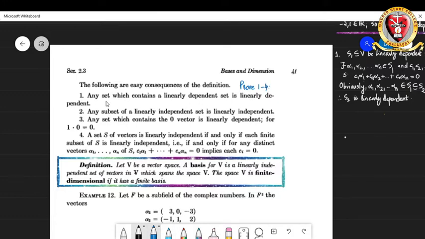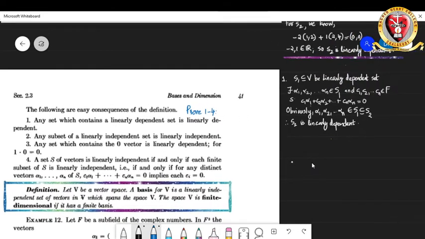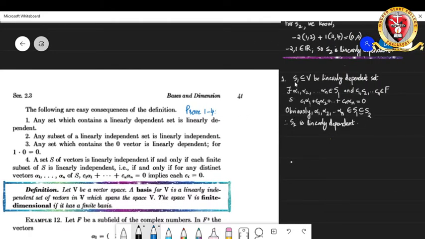The first statement is that any set which contains a linearly dependent set is linearly dependent. Suppose S1 is a subset of V and it is linearly dependent. That means there exist alpha 1, alpha 2, etc., alpha n in S1, and C1, C2, etc., Cn in the field F, such that C1 alpha 1 plus C2 alpha 2 plus etc. plus Cn alpha n is equal to 0.